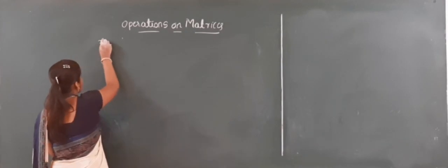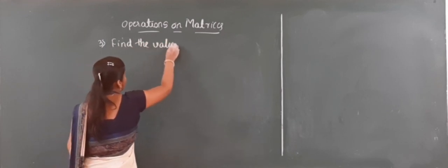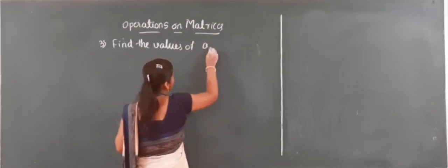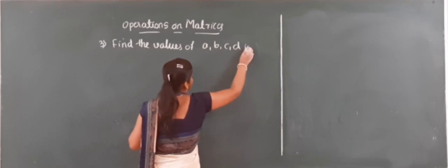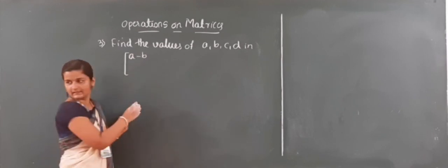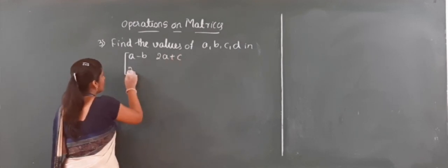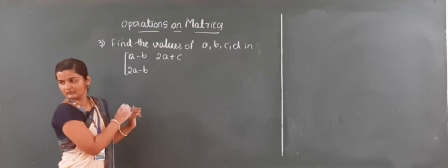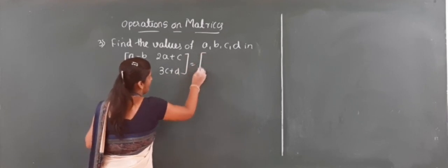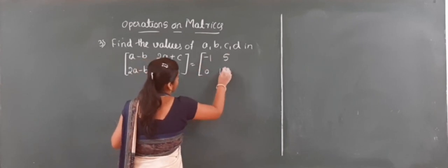So I will take the third problem. Find the values of A, B, C, D in the matrix [A minus B, 2A plus C; 2A minus B, 3C plus D] equal to [minus 1, 5; 0, 13].